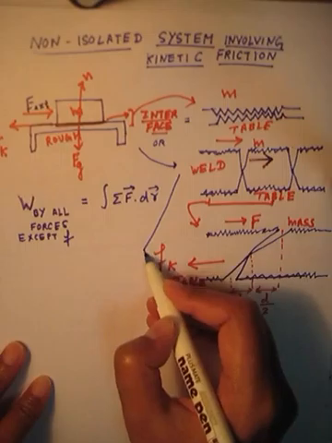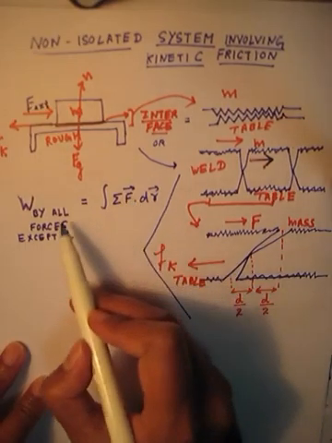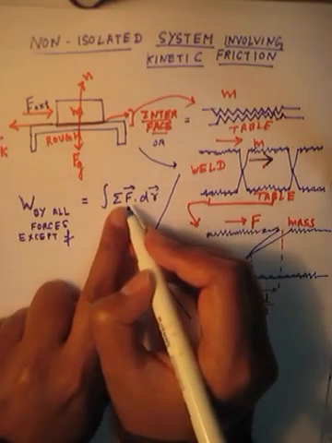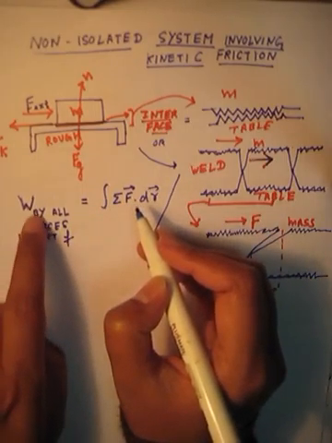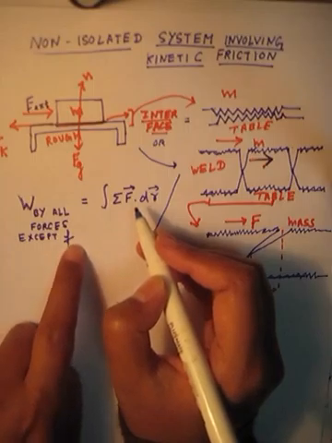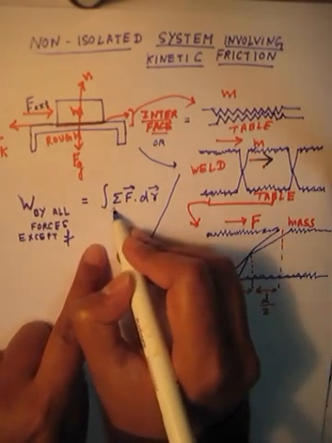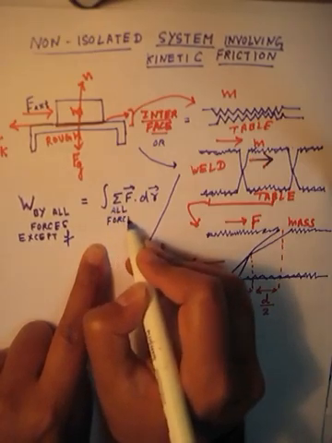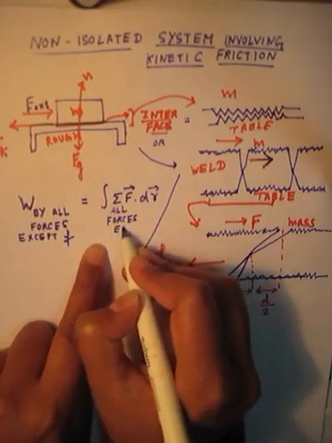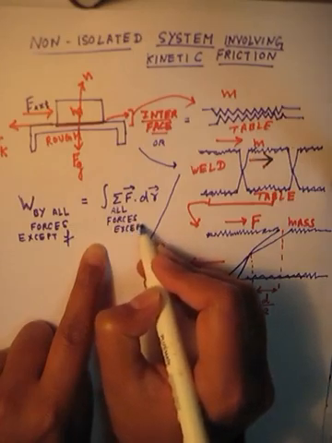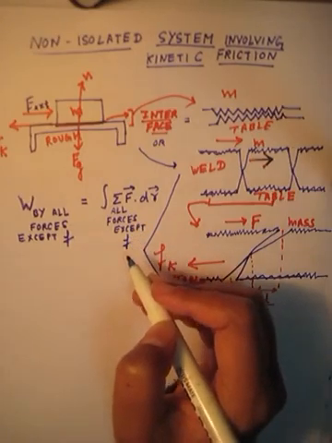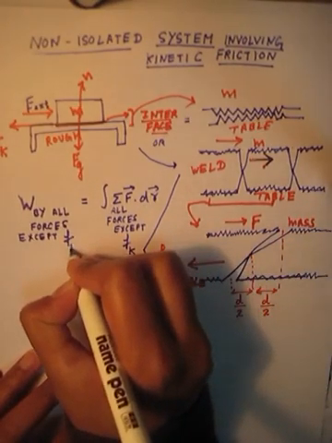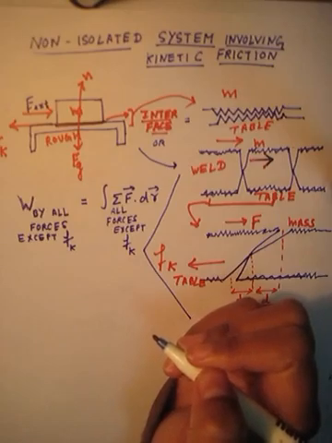So this will be the work done by all the forces, but here the summation means all forces except the frictional force. Because the object is moving, we say it is kinetic friction, so we add a subscript Fk.